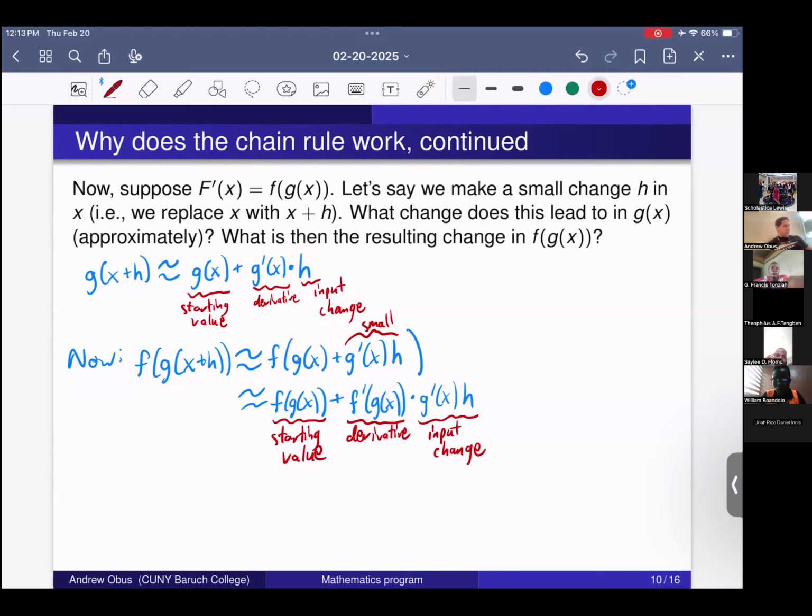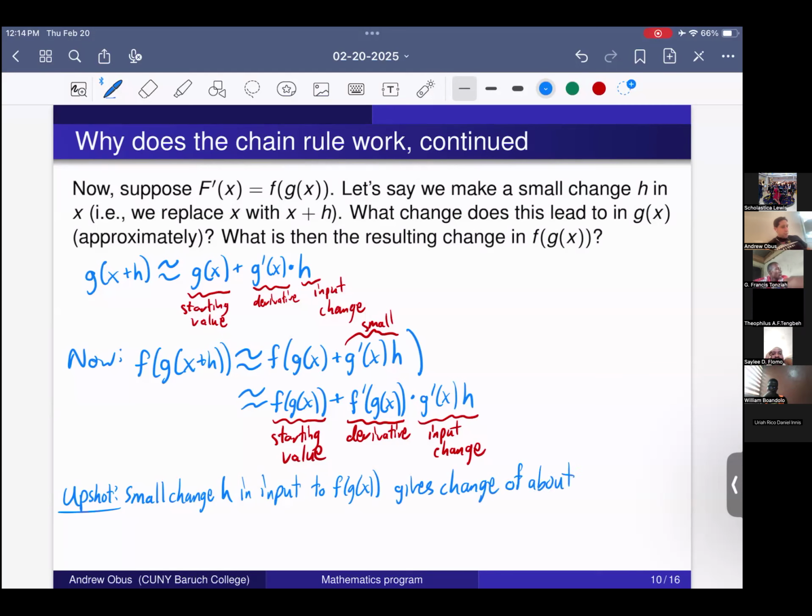And so the upshot is that a small change h in input to f of g of x gives a change of about f prime of g of x times g prime of x times h in output.